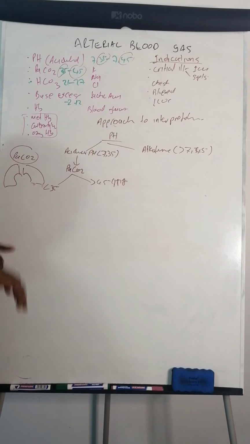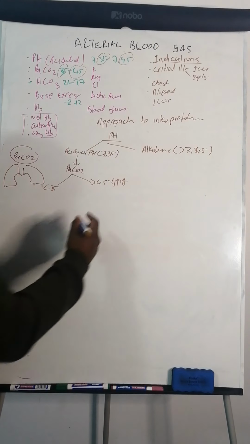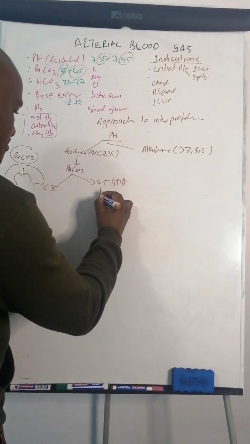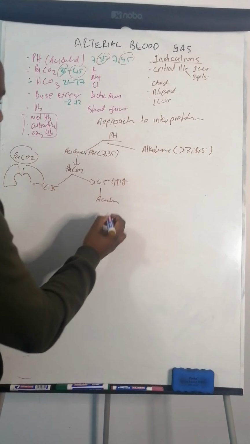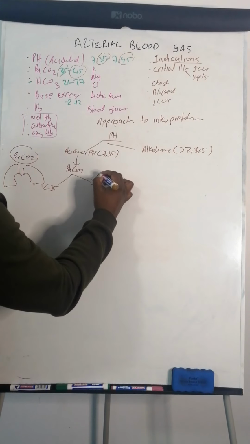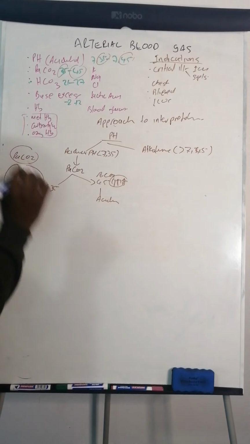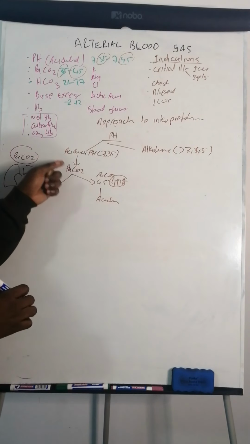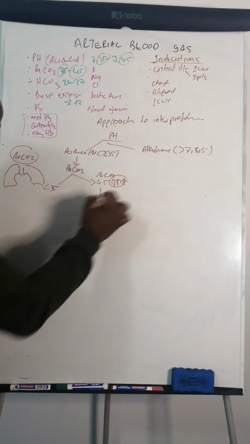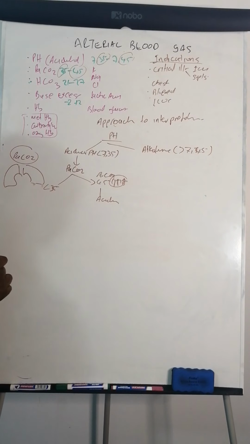So I'm trapping a lot of CO2 in my lungs and in my body. And we know that a buildup of CO2 in the body causes acidosis. So because my partial pressure of CO2 does agree with acidosis and I also have acidosis here, it means this patient has got respiratory acidosis.